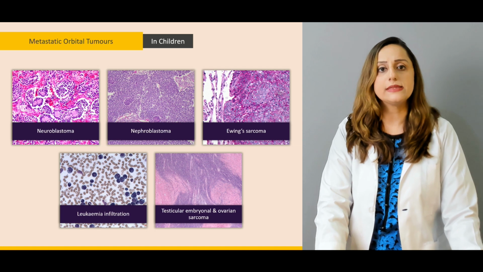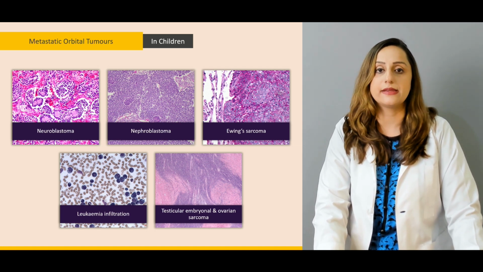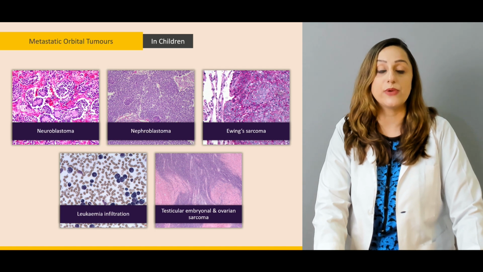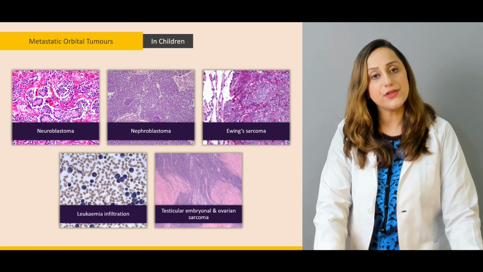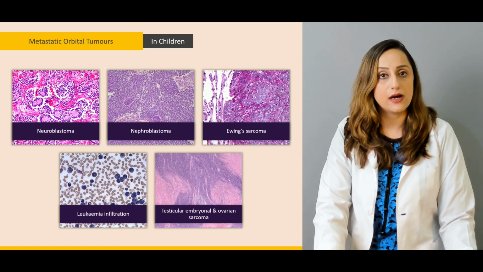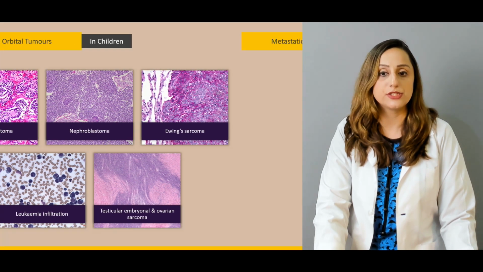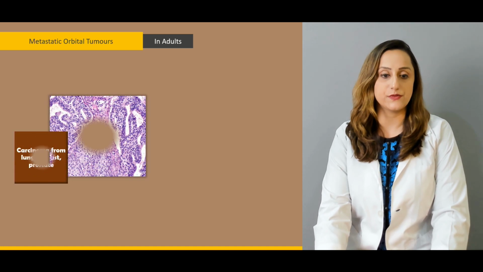It depends upon the investigation. You would carry out bone scans and radiological imaging of the rest of the body, and that would highlight whether the tumor has metastasized from a distant area or is a primary orbital tumor. Metastatic orbital tumors can also occur in adults as well as in younger individuals or infants.